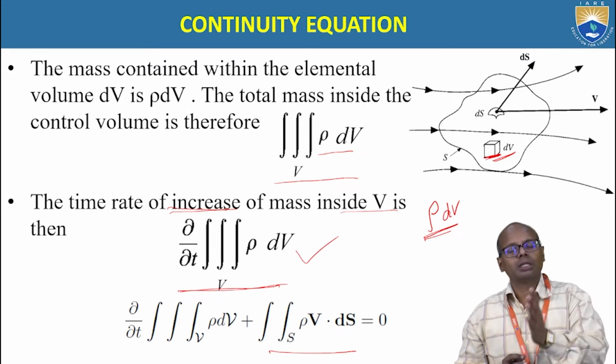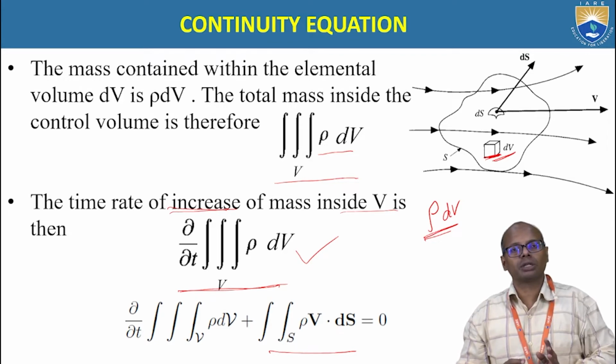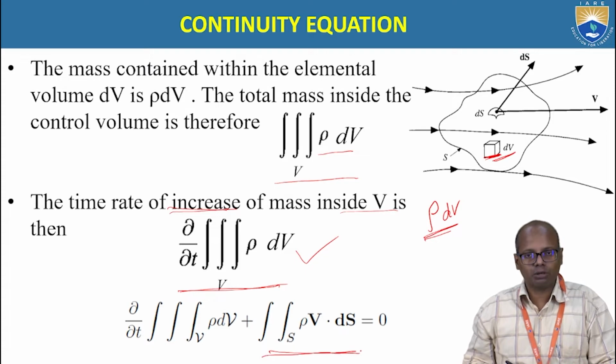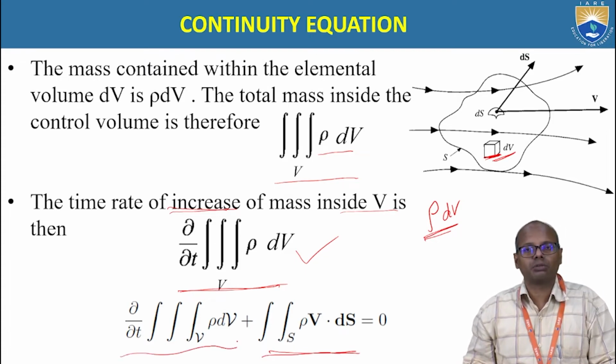So whatever is entering must be added to the mass of the control volume. If I equate this one and the previous statement, I will get this one.